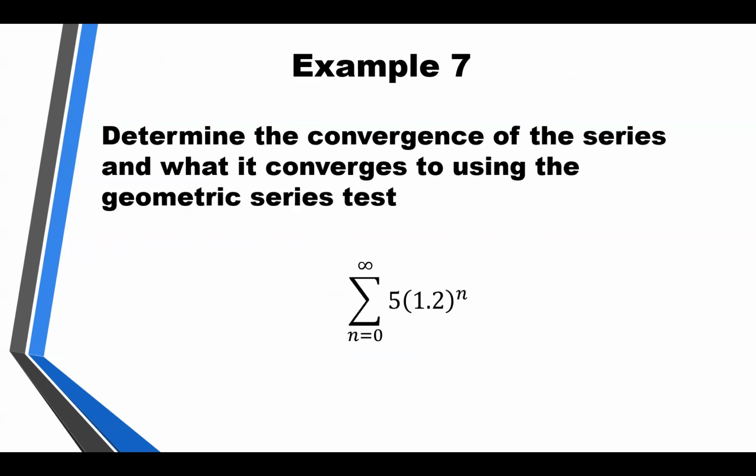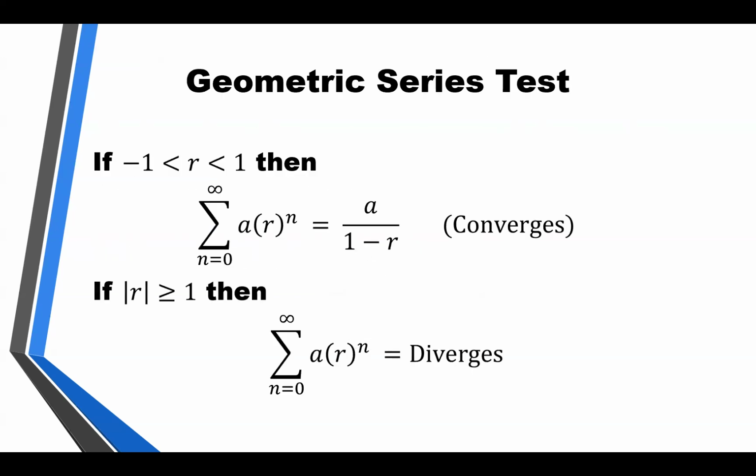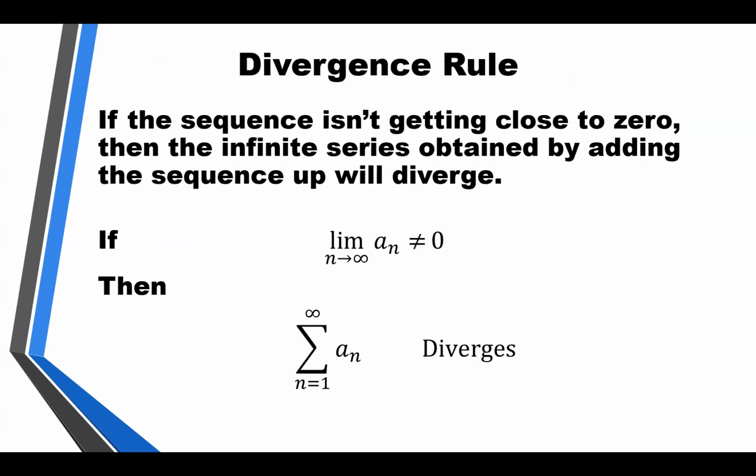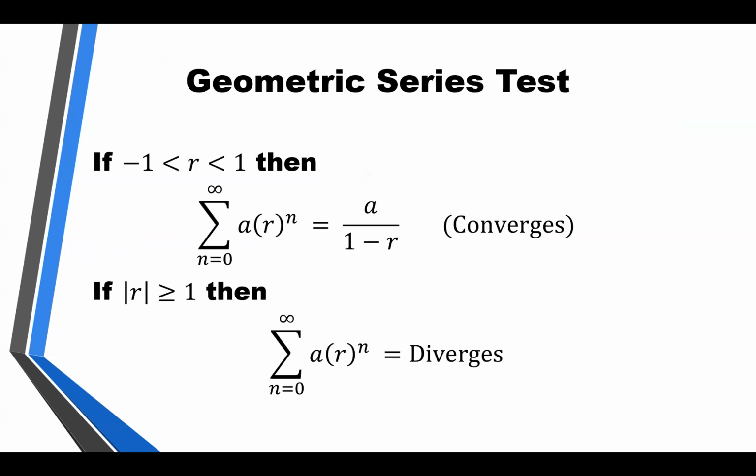We know that in the case of the geometric series. We also know that in the case of the divergence rule. And now we're going to move forward and say, well, what about other types of series that don't fit the divergence rule and that are not geometric?